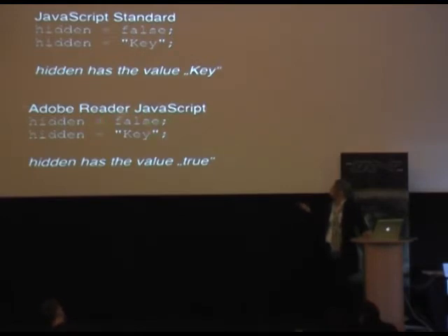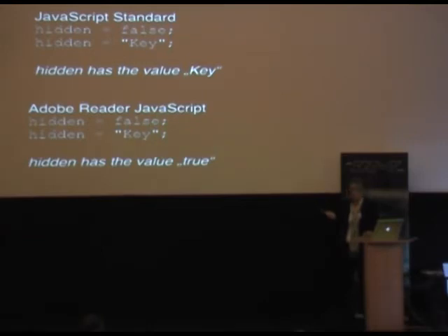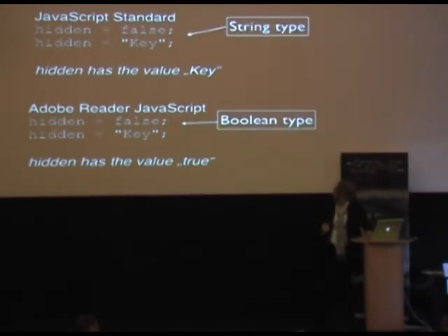In Adobe, if you start off with a variable as being a Boolean and then set it to a string, it remains a Boolean. And there's a couple of little quirks between the JavaScript implementations like this that, if you're trying to do automated analysis of the JavaScript by executing it, you'll run into a lot of these. Or rather, you can use a lot of these for preventing analysis thereof if you're writing exploits.